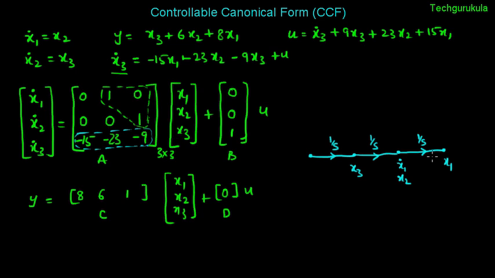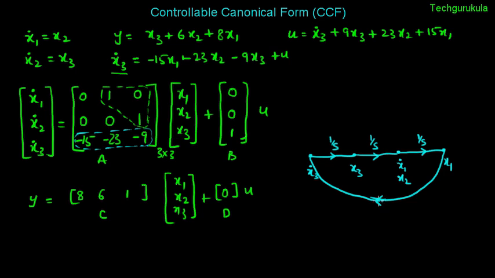So we have 3 integrators. The number of integrators we have will represent the order of the system. So this is a third order system, and we'll have three integrators. This is x3 dot. We know that x3 dot is given by minus 15x1. So x1 is here. I need to take a signal back here and add it.